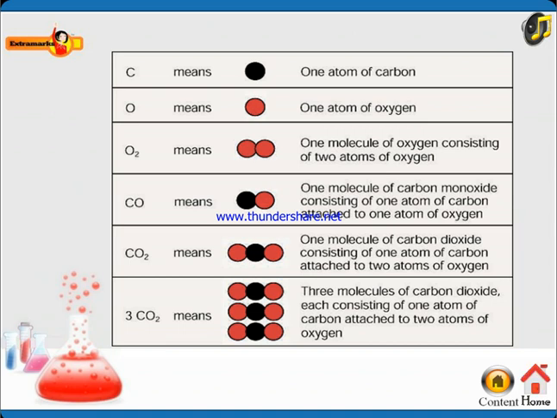CO2 means 1 molecule of carbon dioxide consisting of 1 atom of carbon attached to 2 atoms of oxygen. 3CO2 means 3 molecules of carbon dioxide, each consisting of 1 atom of carbon attached to 2 atoms of oxygen.